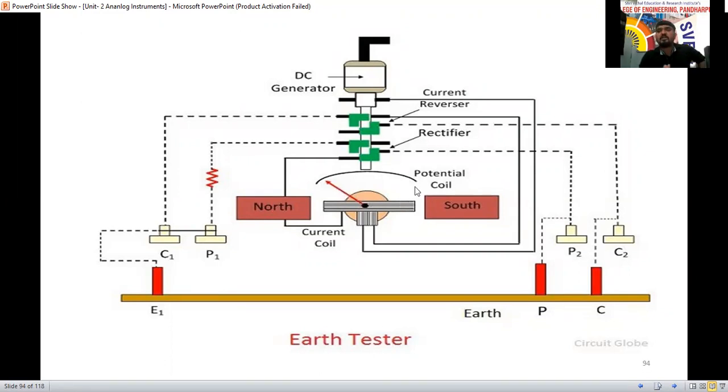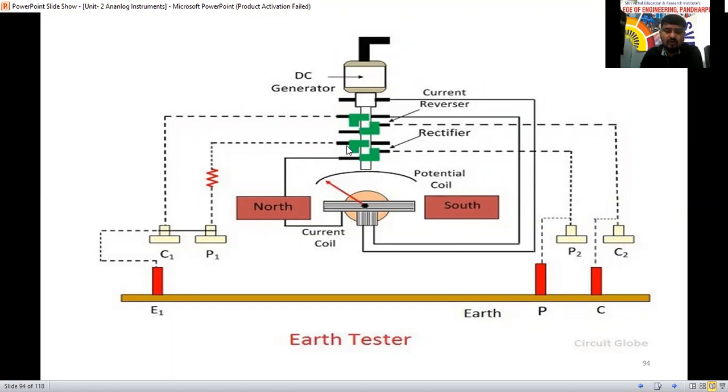But this coil operates based on the ratio of the voltage between E1 and P to the current flowing through the earth electrode. Based on that it is going to operate, and if any difference is there, it is going to detect that much difference.